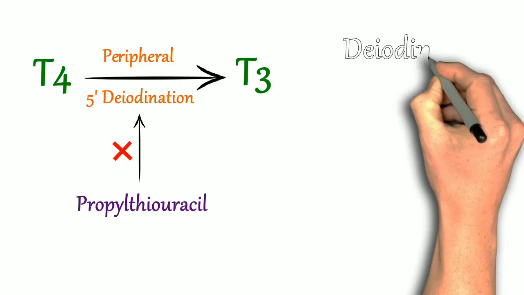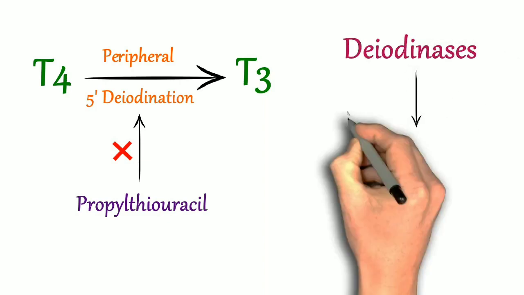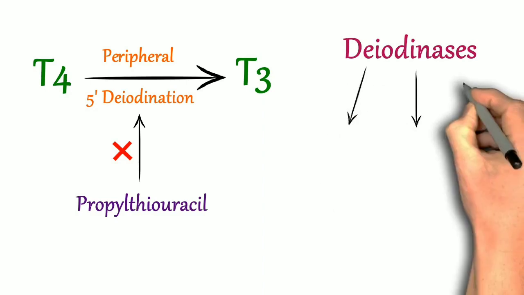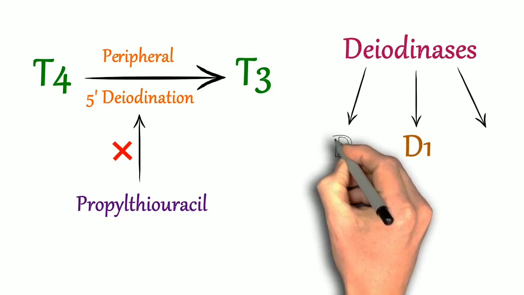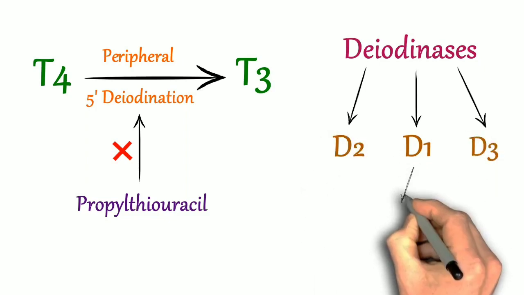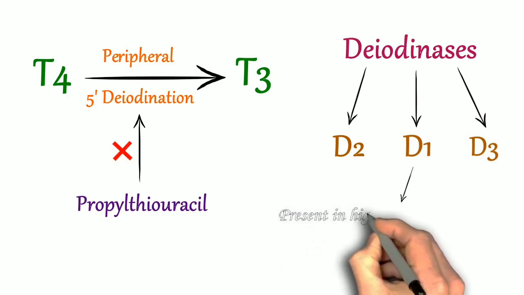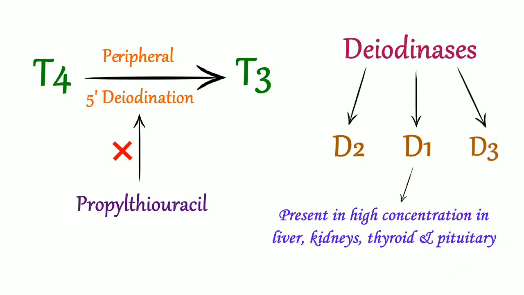The presence of these deiodinases in various cell types provides for local regulation of thyroid hormone effect. Out of the 3 deiodinases, D1 is present in high concentrations in the liver, kidneys, thyroid and pituitary. It appears primarily to be responsible for maintaining the formation of T3 from T4 in the periphery.